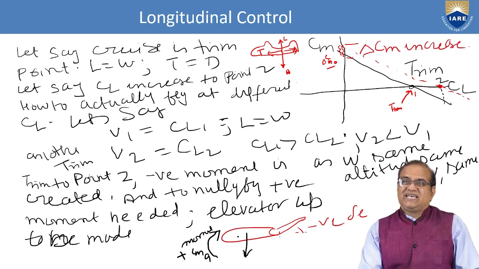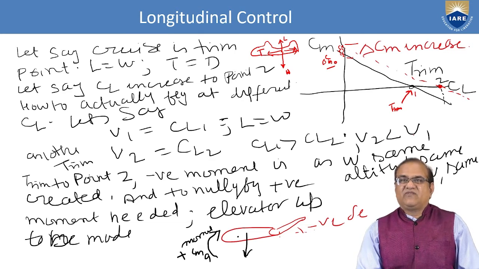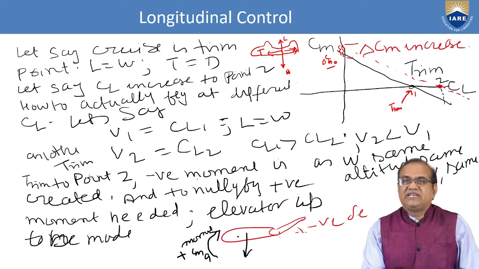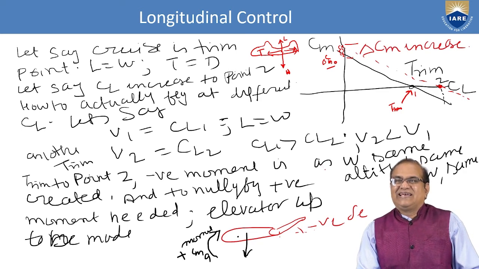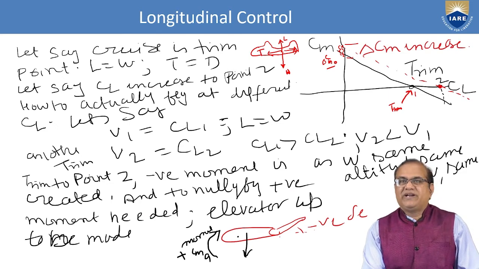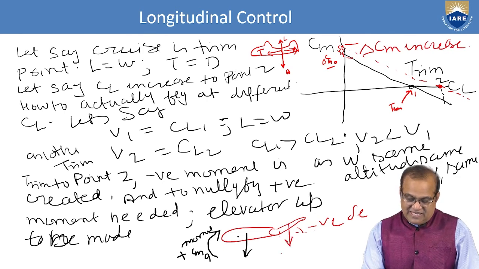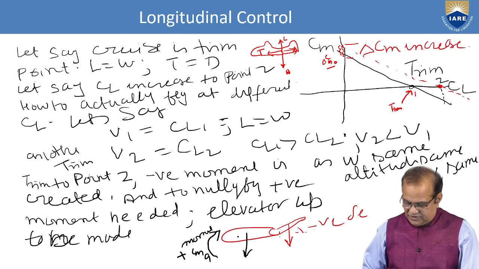If V2 is greater than V1, then at trim point 2 a negative moment is created, and to nullify it a positive moment is needed. So in this case we have to make the elevator go up. If we make the elevator up, this will move like this, and in this way your aircraft will be neutralized.